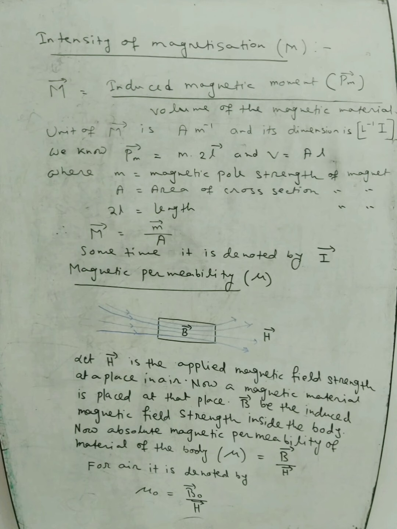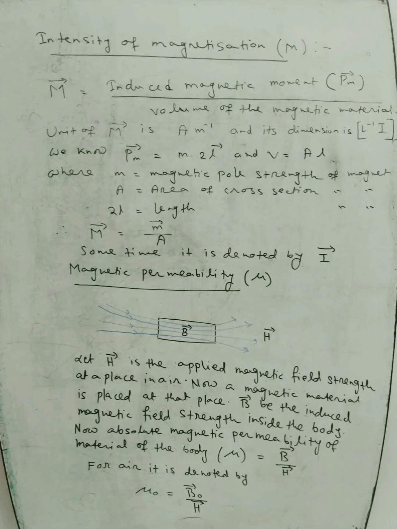It is denoted by capital M. It is defined as the magnetic dipole moment per unit volume of a bar magnet, or the induced magnetic dipole moment per unit volume of a magnetic material. Therefore, M is equal to Pm divided by V.